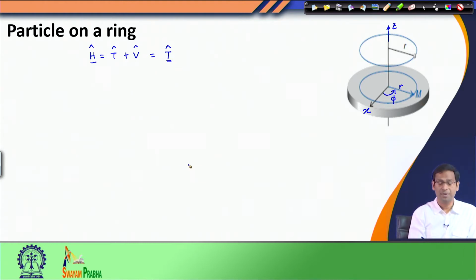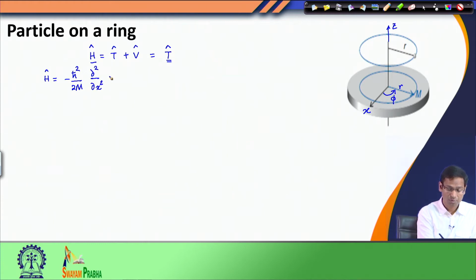Given the mass of the particle, I can now write down the Hamiltonian as minus h bar square by 2 m, where m is the mass of this particle, and then I have d square by dx square plus d square by dy square.